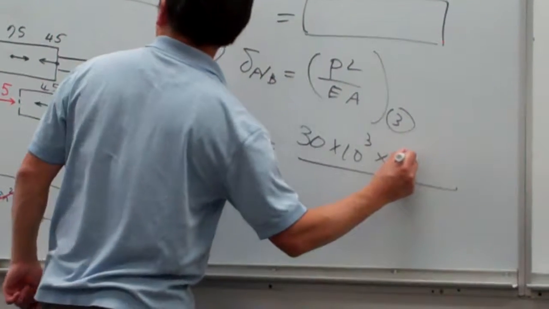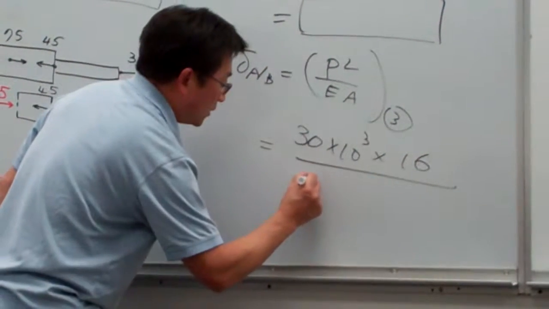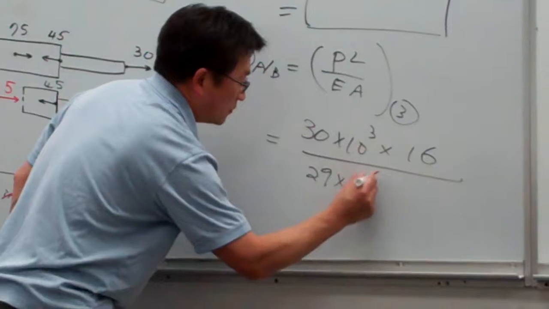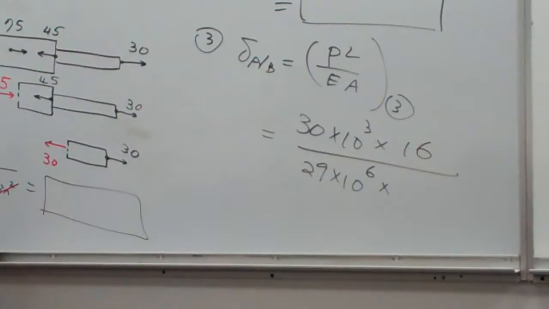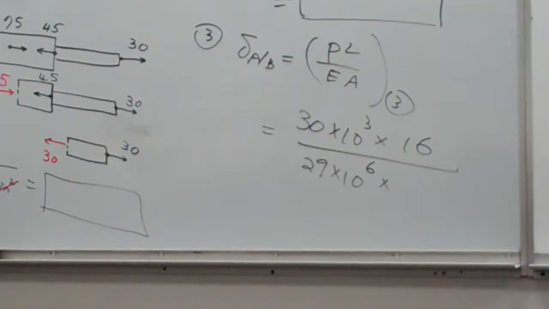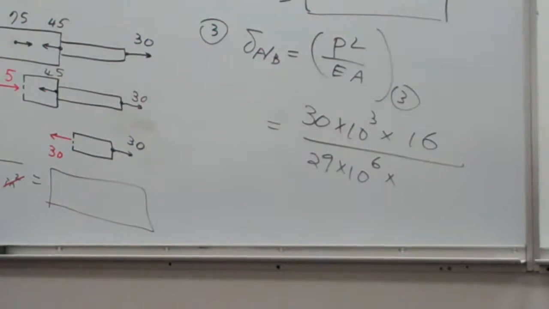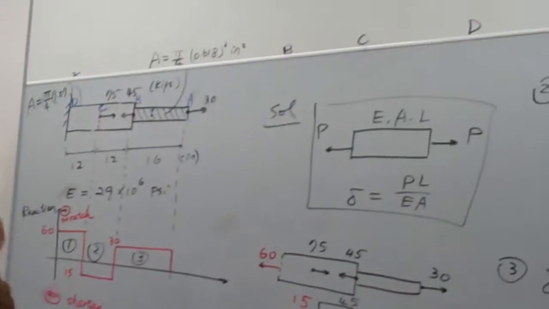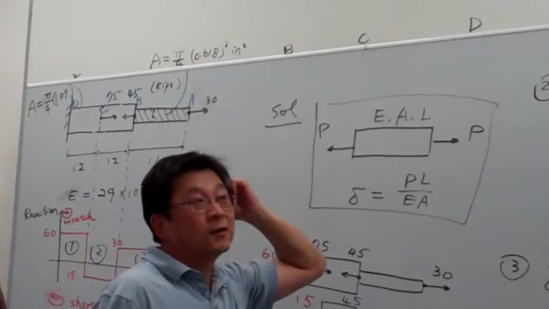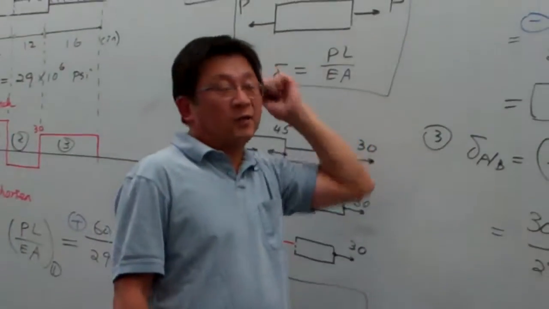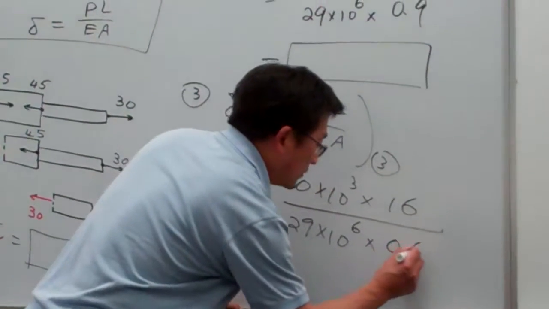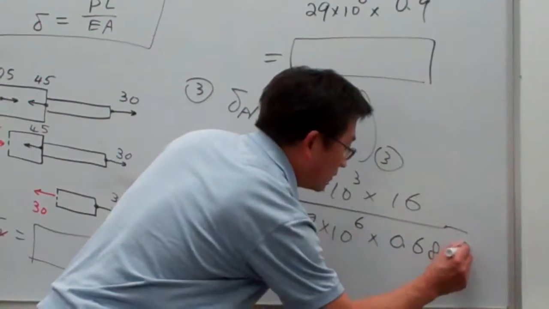L equal to 16. E is 29. Now the A. This one, 0.618 squared times pi divided by 4, that is about 0.3.